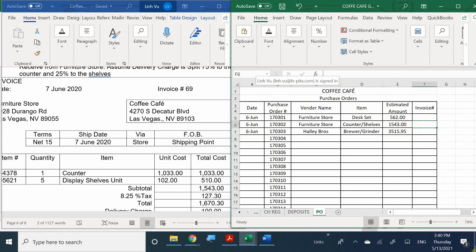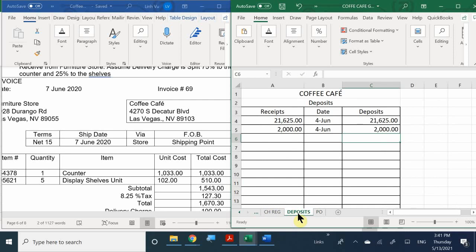And we're going to indicate that we received it, and this was invoice number 69. At least we have a matching invoice with our matching purchase order. And that's how we double verify that whatever we ordered, we know it's coming and we fully received it. So that's all you have to do there.